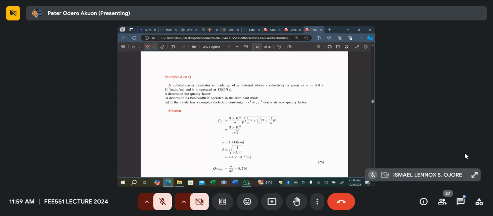So in the presence of a dielectric loss of a complex nature, we would have to calculate the quality factor of that dielectric loss. If you have the complex permittivity, you get the quality factor, which is synonymous with the energy storage and the loss. So you have the effect of this, like complex power.